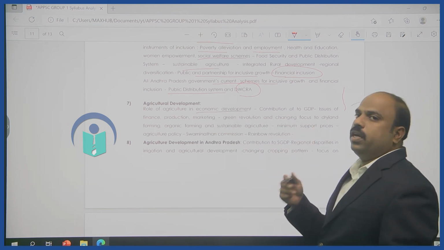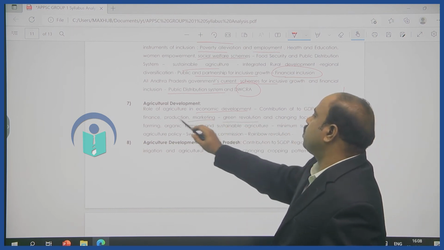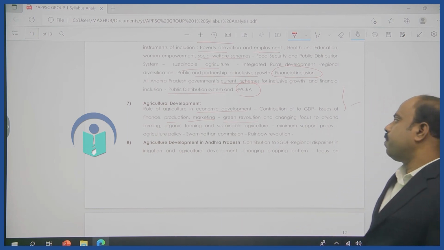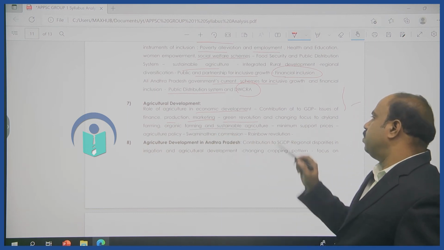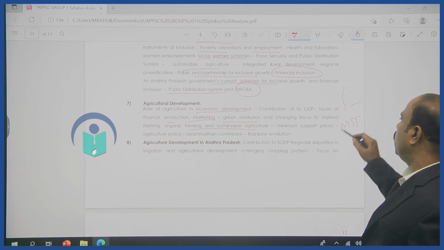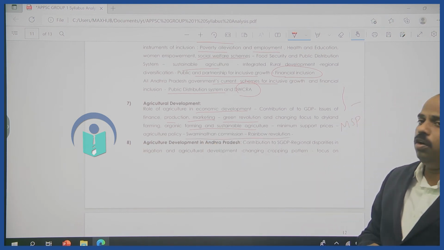Why is India called an agrarian economy? What is the green revolution? Then agriculture production and marketing, financing issues in agriculture, farming and sustainable agriculture. What about MSP, minimum support price? Swaminathan Commission, rainbow revolution.